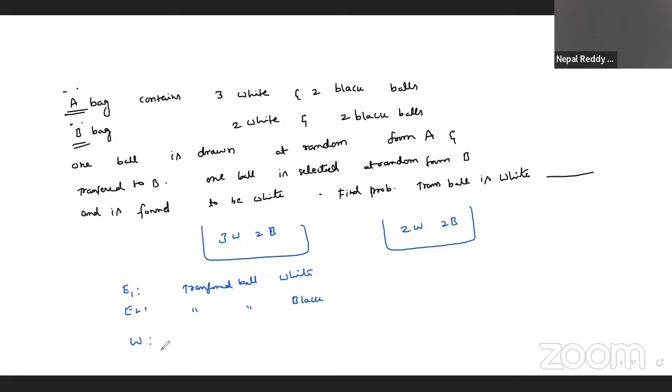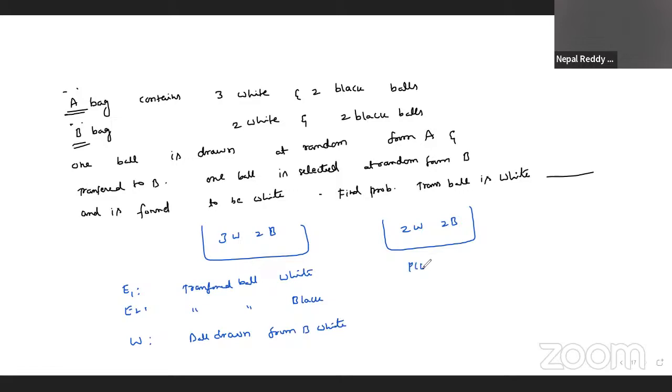And suppose that W is the event that the ball drawn from B is white.